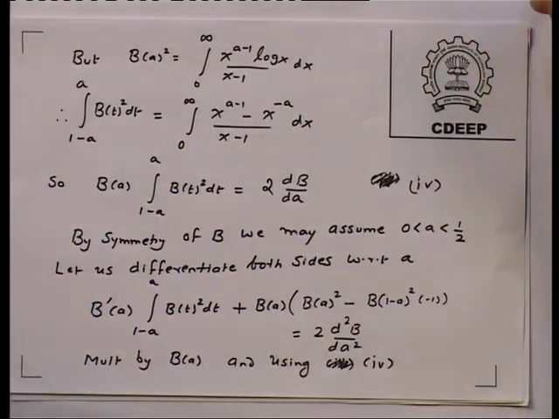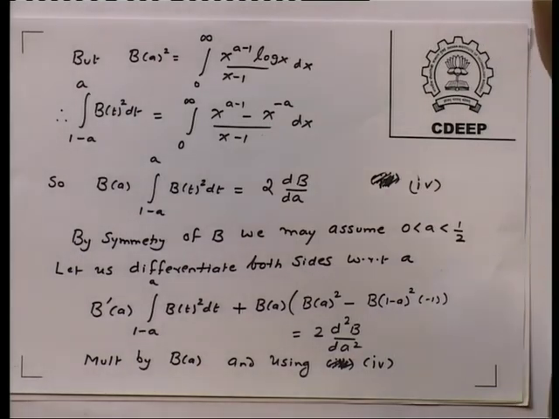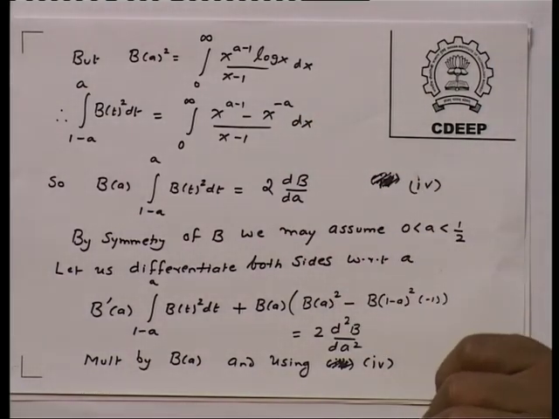Integrate it from 1 minus a to a. What happens when you integrate x^(t-1)? The integral of x^lambda d lambda is x^lambda by log x, and the log x and the log x will cancel out, correct?